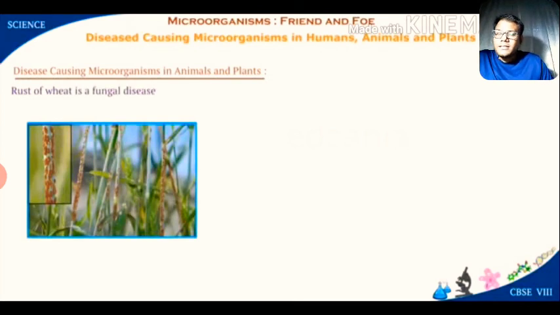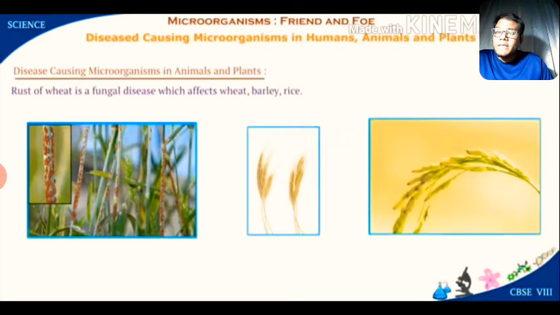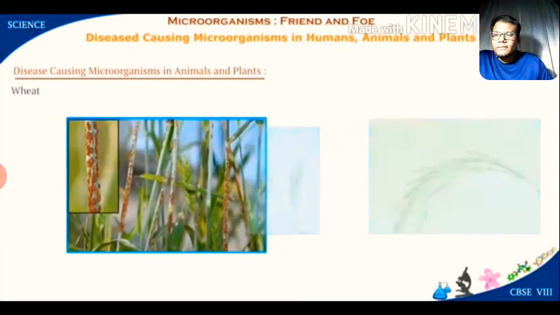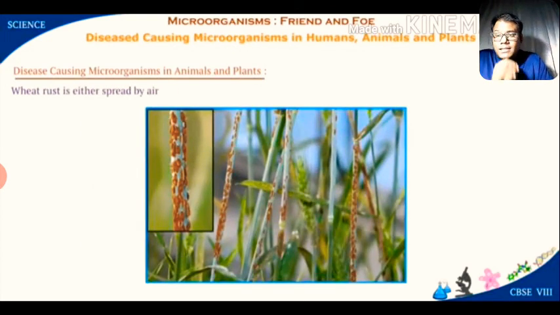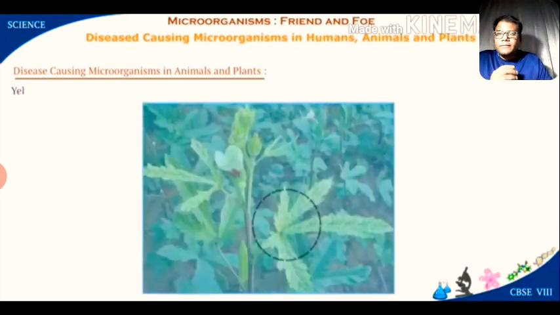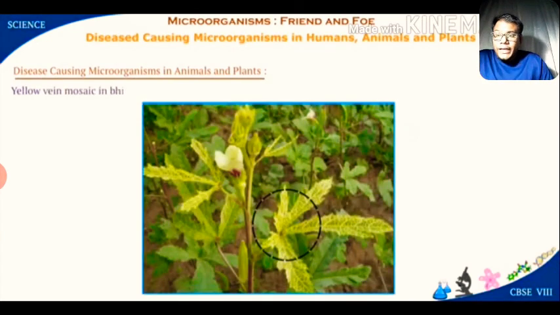Rust of wheat is a fungal disease which affects wheat, barley and rice. Wheat rust is spread either by air or if infected seeds are sown. Yellow vein mosaic in lady's finger (bhindi) is caused by a virus.